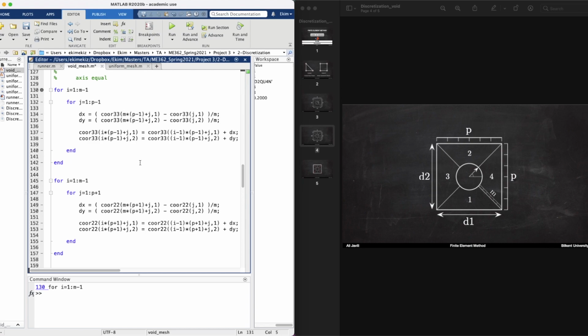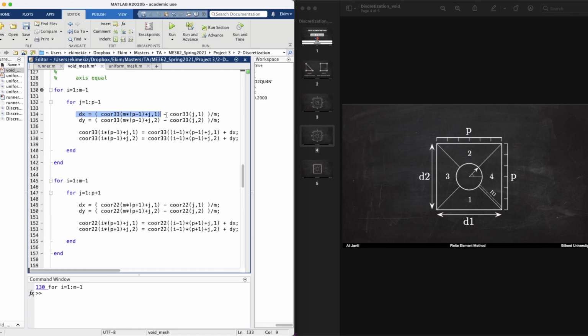And then notice that the only change here, apart from these 3 threes, is that these p plus 1s now become p minus 1s. Why? Because remember, these help us skip rows, right? And for regions 1 and 2, on every row we have p plus 1 nodes. But because we don't have the diagonal nodes on regions 3 and 4, we will have p minus 1 nodes on every row. Okay? And that is pretty much the only difference.